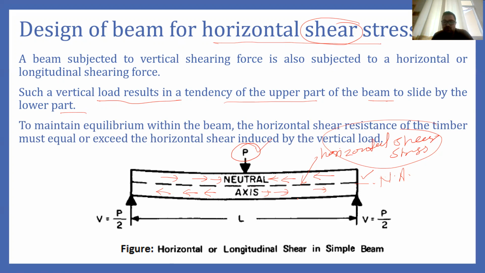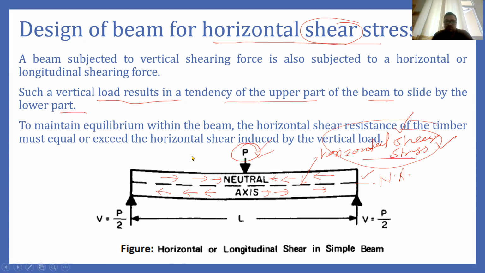So the beam should be strong enough to resist this horizontal shear stress. Therefore, we first need to calculate the horizontal shear stress caused by this external load, and then we have to check this actual horizontal shear stress against the permissible value of horizontal shear stress given in the table of the IS code.